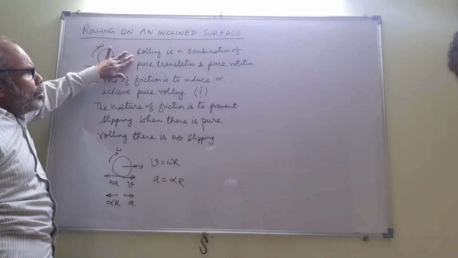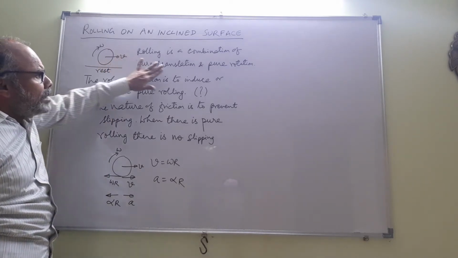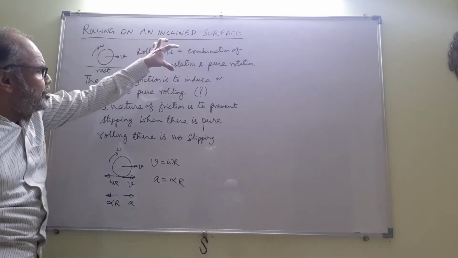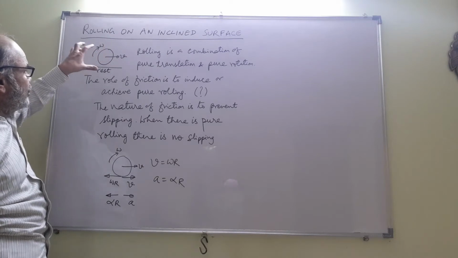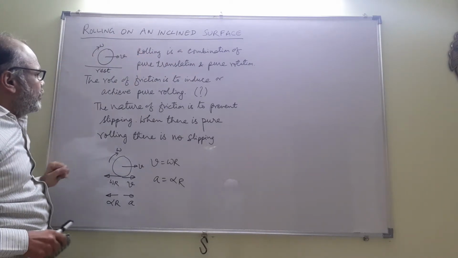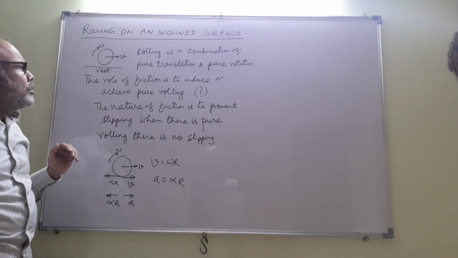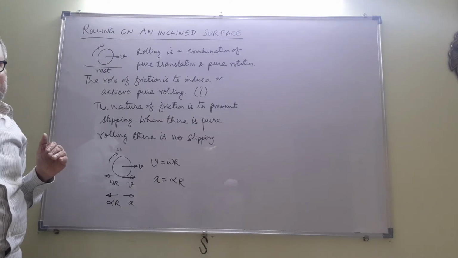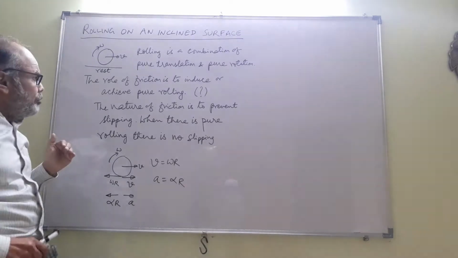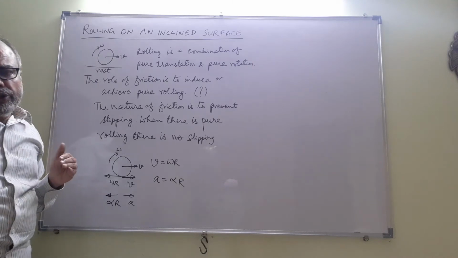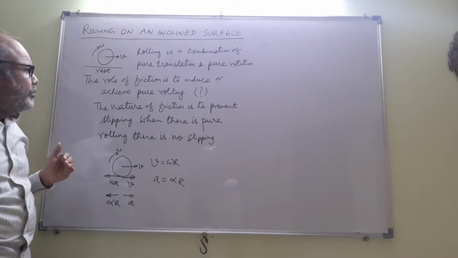Rolling, we saw, is a combination of pure translation and pure rotation. Pure translation, and this is pure rotation. Combine both and you have rolling. Now, the point of contact was of importance to us. That is because at the point of contact, frictional force was acting.